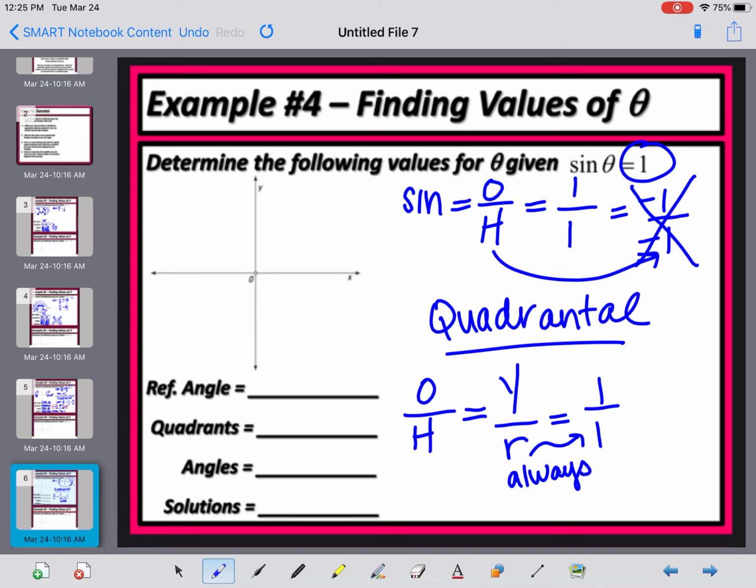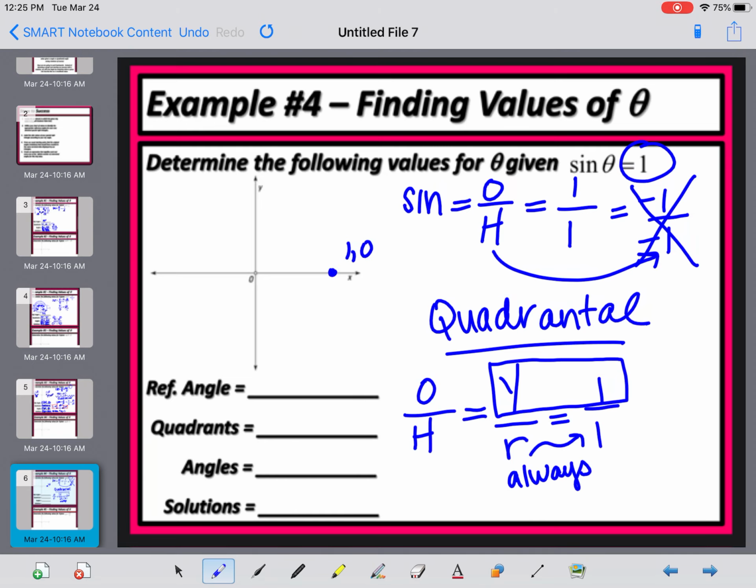So the fact that r equals 1, it's not actually providing any unique information for me, because that works for every single quadrantal. So the only thing that's unique or giving me any clue of what angle I have is that y equals 1.